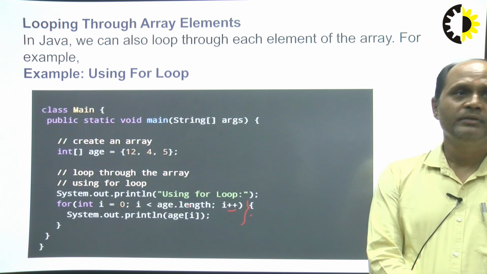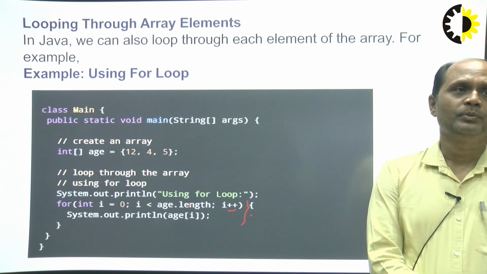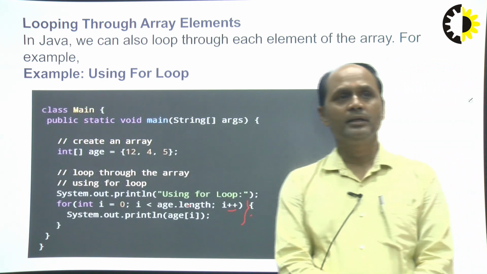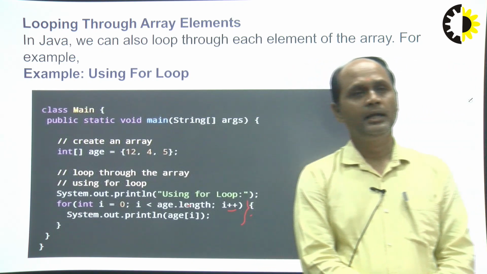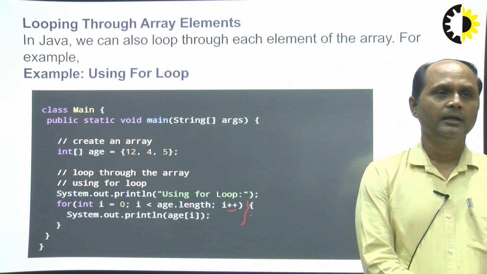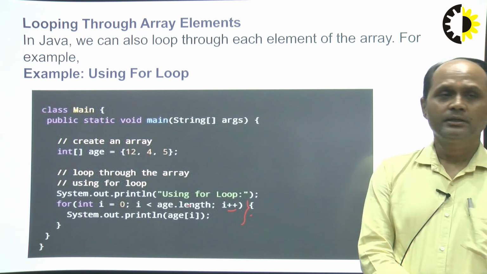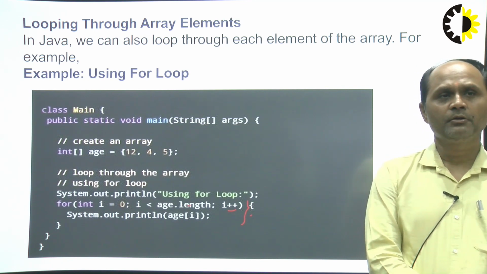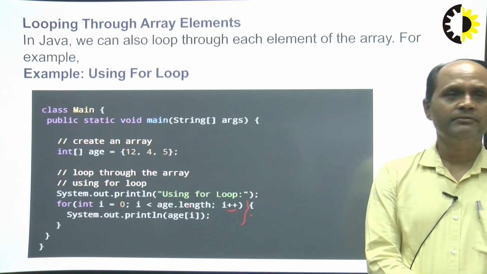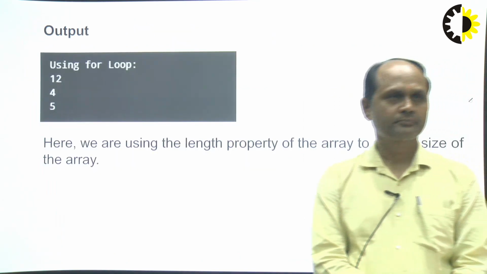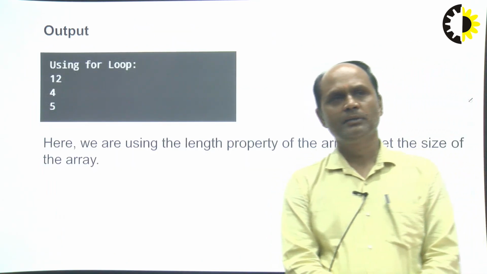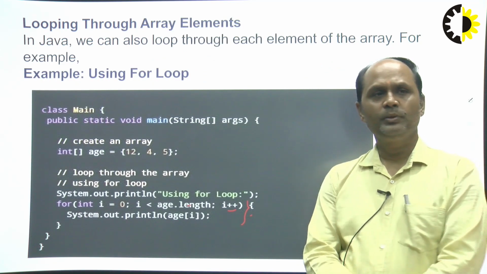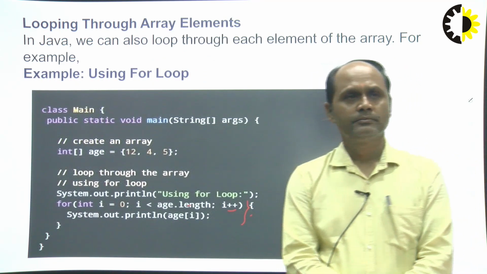Looping through array elements, we can easily understand and easily implement it, and improve the performance of the program in terms of time complexity. This is the output of that particular program.